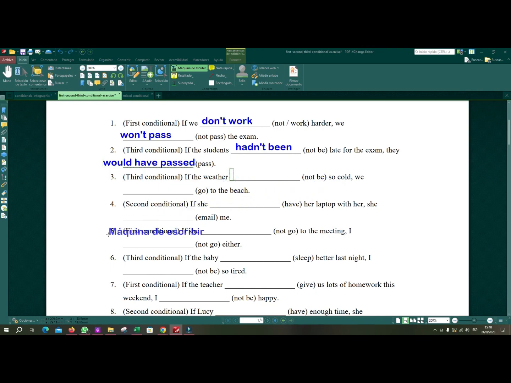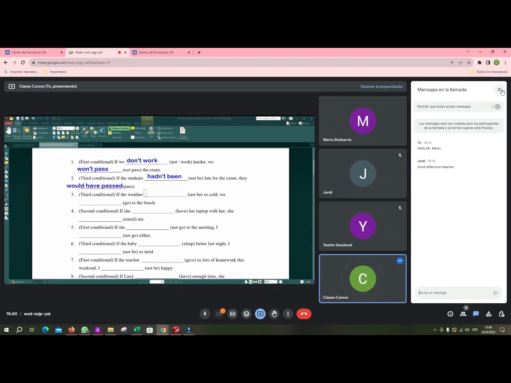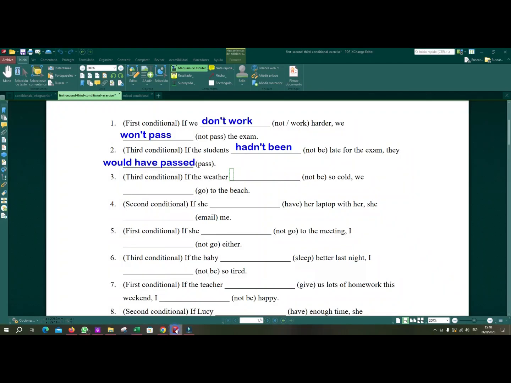What about the number 3? It says, if the weather not be so cold, we to the beach. That is third conditional also. Which could be the answer for that one? Mr. Osmin, do you have it? Oh, Mr. Osmin is not here also. Mr. Jordi, do you have the number 3? Yes, hadn't been. Okay, that is negative in the first one. So, hadn't been, right?